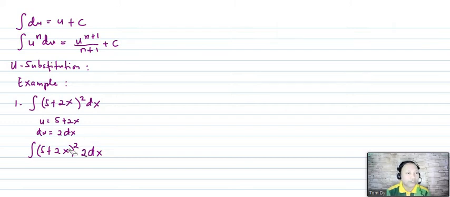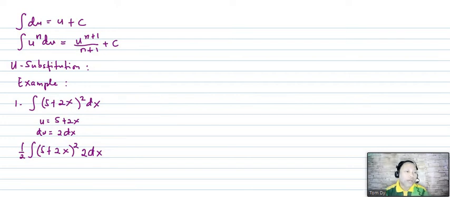If you have noticed, there is a change: if this is dx, then this one is 2dx since I copied du as 2dx. And because I am writing here 2, because I copied du as 2dx, I will multiply by its reciprocal. The reciprocal of 2 is 1/2.